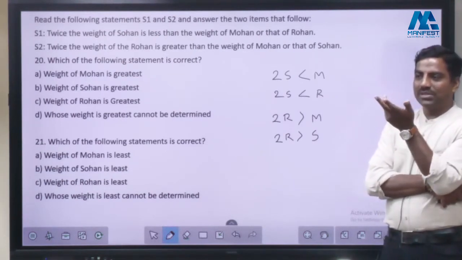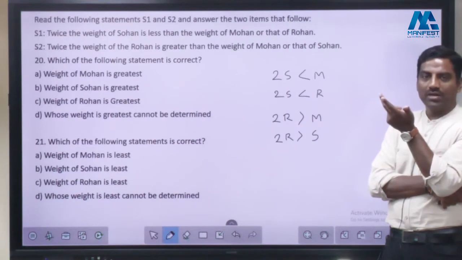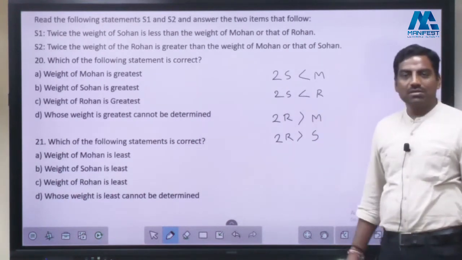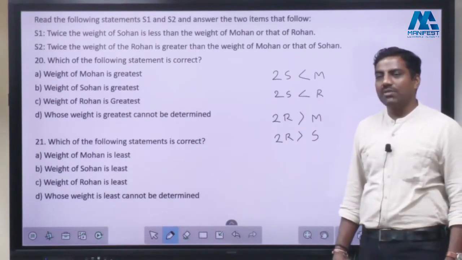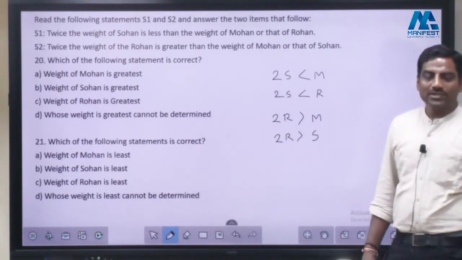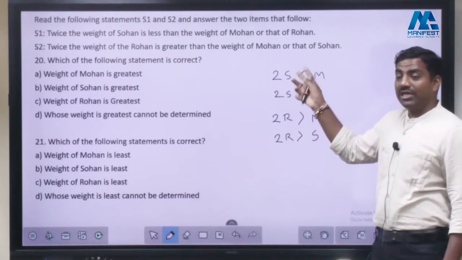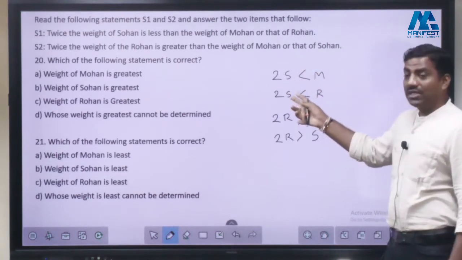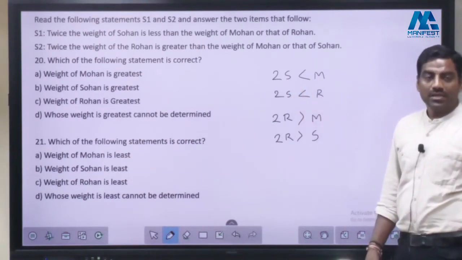So can you tell me, among M and R, who is the highest? I gave you two examples. Once I gave more weight for Mohan. Once I gave more weight for Rohan. In both the conditions, this was correct. That means we cannot ascertain the weight of Rohan and Mohan here. Even 2 times the weight of Sohan is less than Mohan and also less than Rohan, so S is the least.